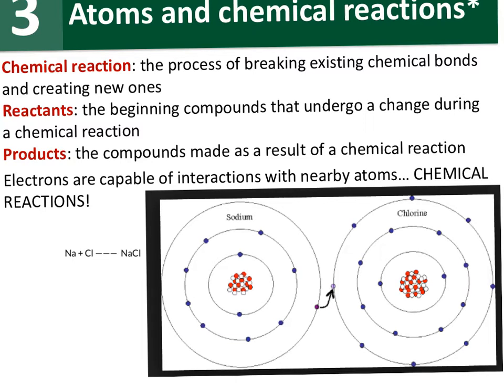Sodium is kind of weak and poor, and so he gets his electrons stolen all the time. So this is a chemical reaction where you have sodium and chlorine. They react, and you end up with a new product called sodium chloride.